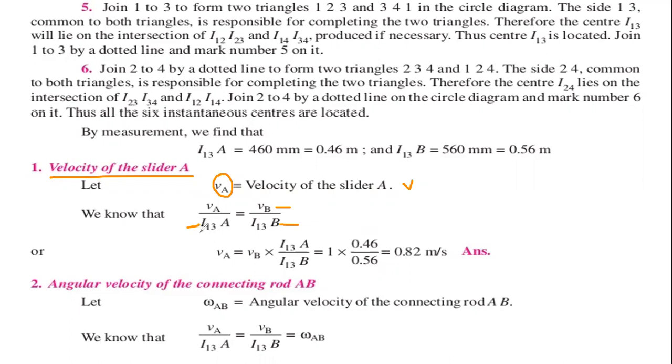Here we are going to find the velocity of A. So velocity of A is taken to one side, and the remaining values to the other side. So velocity of B is 1.